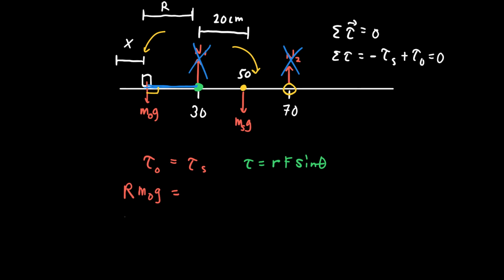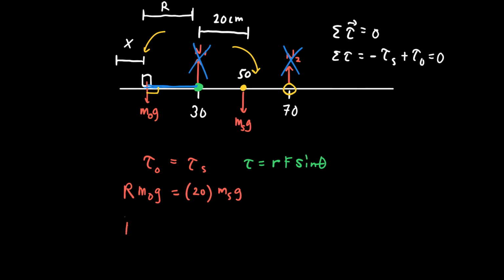So for the torque, that distance that I need to include for the weight of the meter stick torque will be 20 times the force, which is ms times g, multiplied by sine theta. And once again, those two things are perpendicular, and so we have the sine of 90, which is 1.